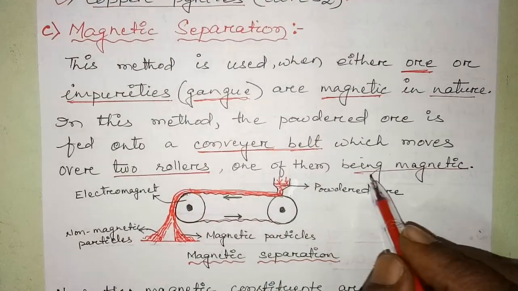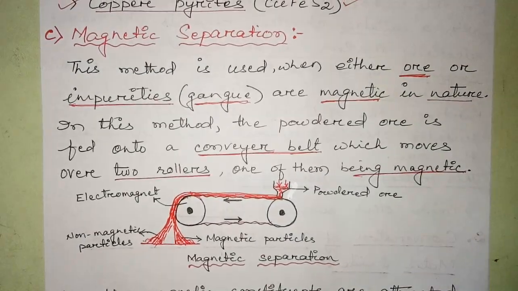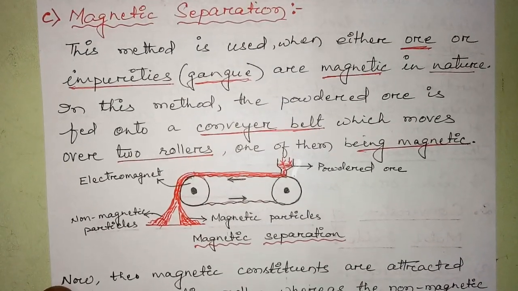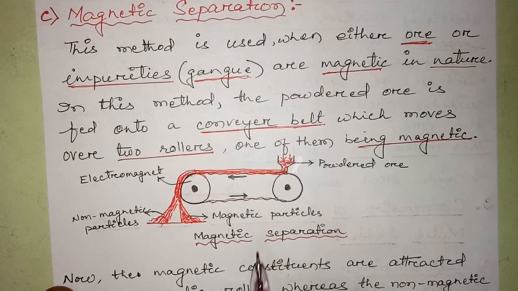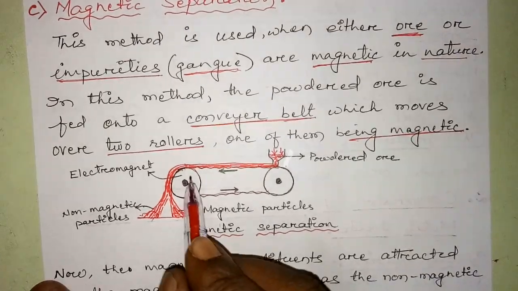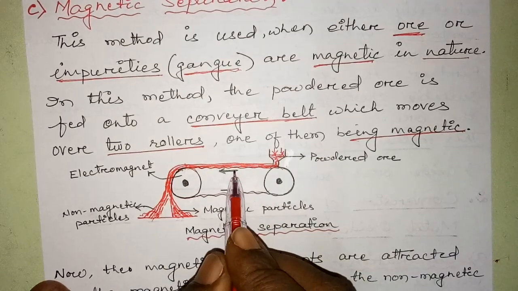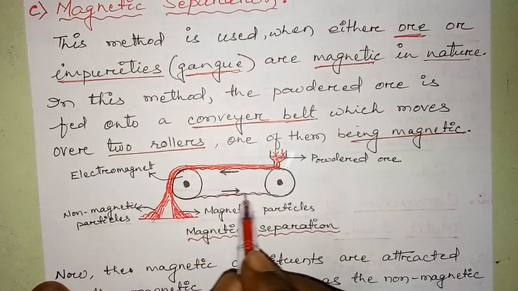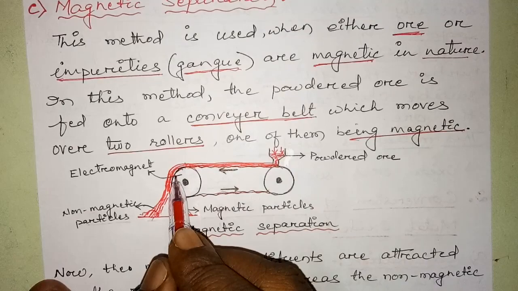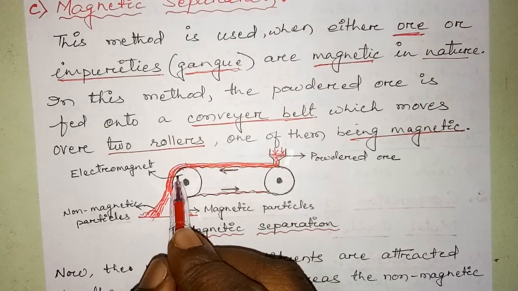One of them is magnetic in nature. Understood? So for simple understanding, I made a diagram. This is the roller. The belt is moving like this, going over the roller, and this roller is an electromagnet.